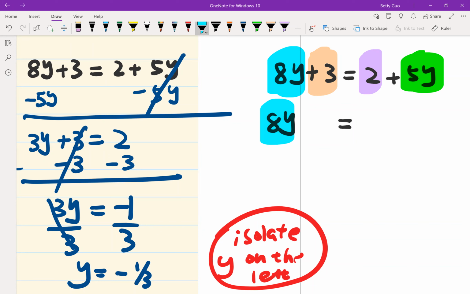The blue term stays on the left. The green term is moved over to the left. So you have to remember to change the sign to the opposite, right? You move 5y over, the green term moves to the left. That's perfect. But you need to remember to switch the sign to the opposite. Super, super important.